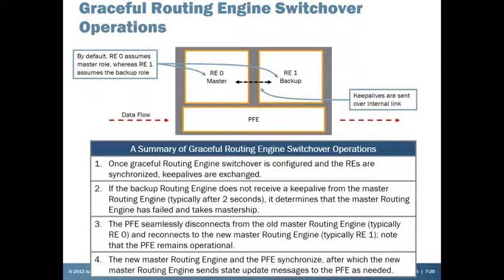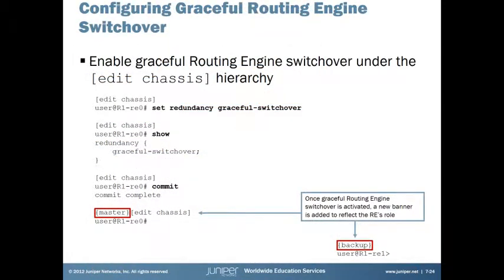The packet forwarding engine seamlessly disconnects from the old master routing engine, typically RE0, and reconnects to the new, typically RE1, and the packet forwarding engine remains operational. The new master routing engine and packet forwarding engine synchronize, after which the new master routing engine sends state update messages to the PFE as needed.